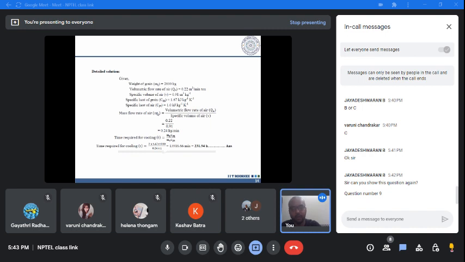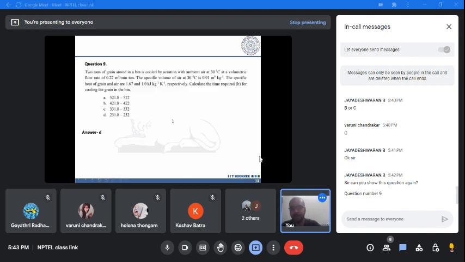So in hours, if you divide by 60, it will come to 231.94 hours. So by this you can calculate how much time it will take to cool the grain. So your correct answer is D, 231.8 to 232 hours.